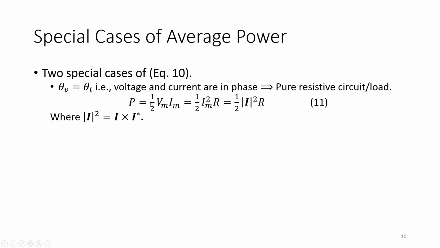So in that case, P is equal to half times Vm Im, because theta v minus theta I is equal to 0, so cos of 0 is unity, and we need not write it here. And it is always equal to half times I square R, or half times phasor current I square R, where I square is I times I conjugate.